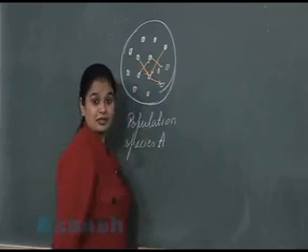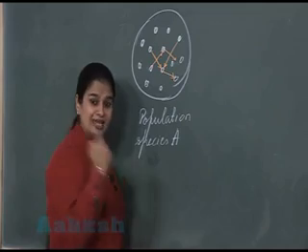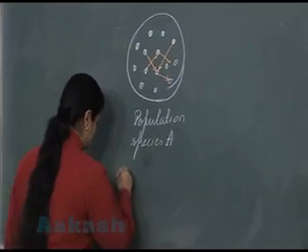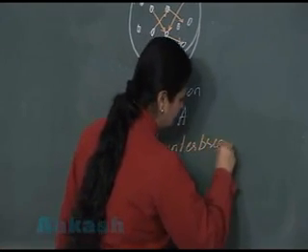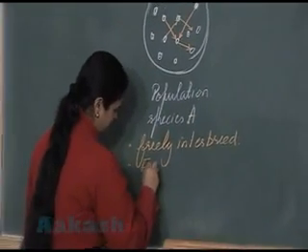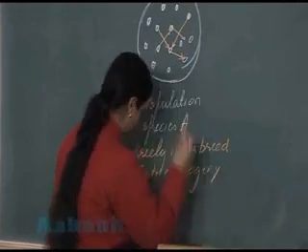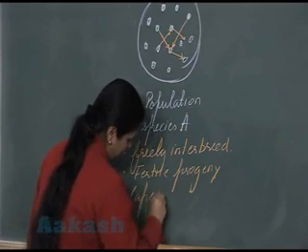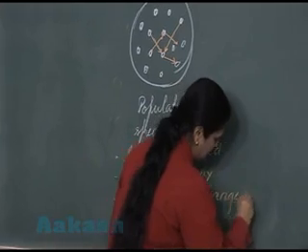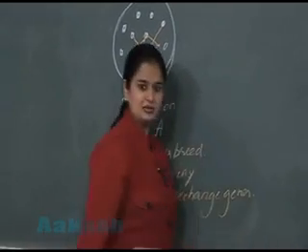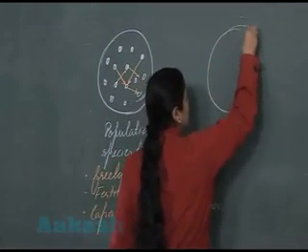Freely interbreed, producing fertile progeny. It means they have the capacity to exchange genes, right? Let's see now. This is our population.